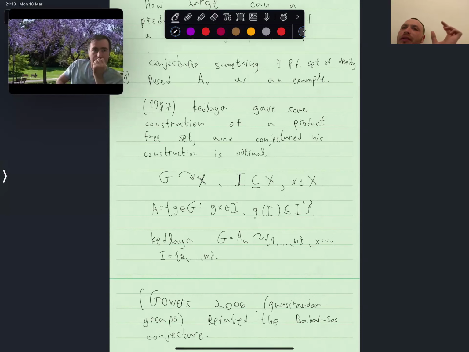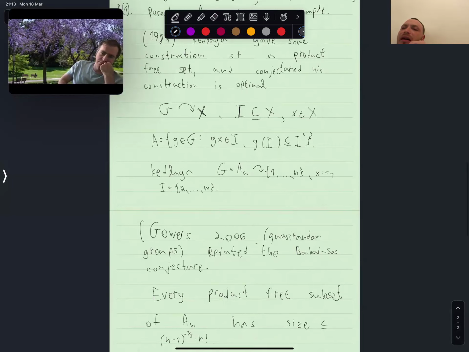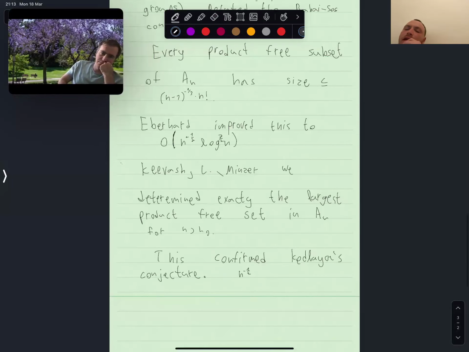So you take m to be of size roughly root n. So this happens with probability 1 over root n. And then the probability that you send I to its complement is a constant. This is the birthday paradox. So if you optimize over the parameters, you get roughly 1 over root n.